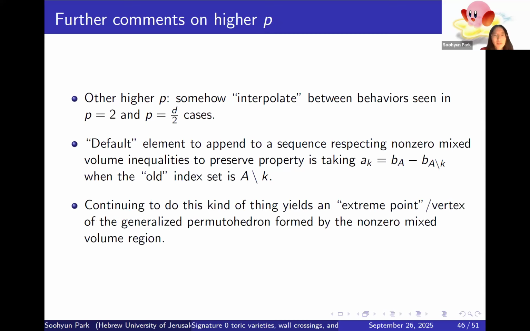Basically, this sort of silly method actually gives you a vertex of the generalized permutohedron, the polytope formed by the non-zero mixed volume region. You can think of this as taking some linear form with a unique minimum at this particular point. Because of the special properties of Minkowski sums of polytopes, that actually gives you a vertex.